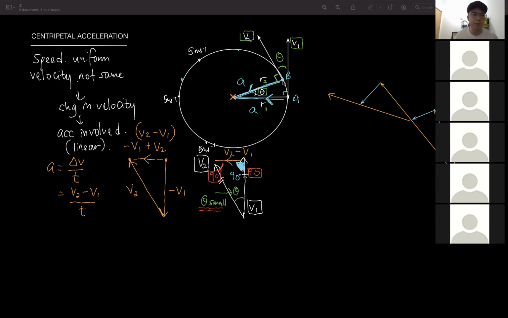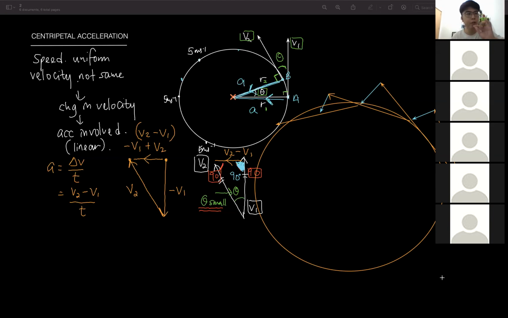What acceleration? Centripetal acceleration, right? So we have another change in velocity like this. And then you get a new velocity like this. You can keep on doing this, and then you find that you get a circular path like this.